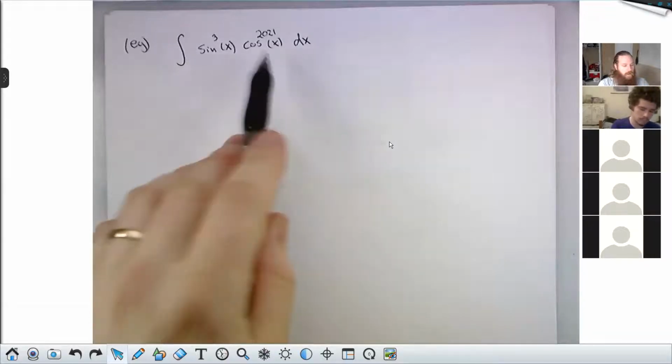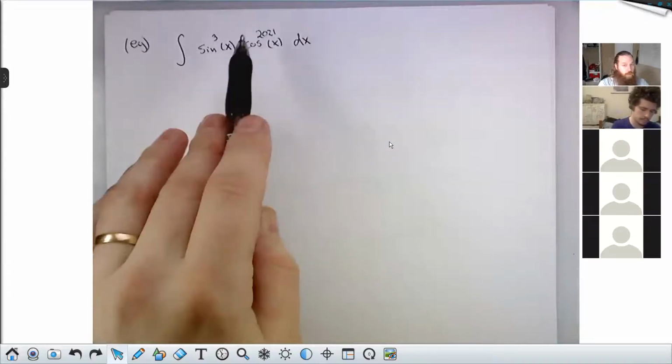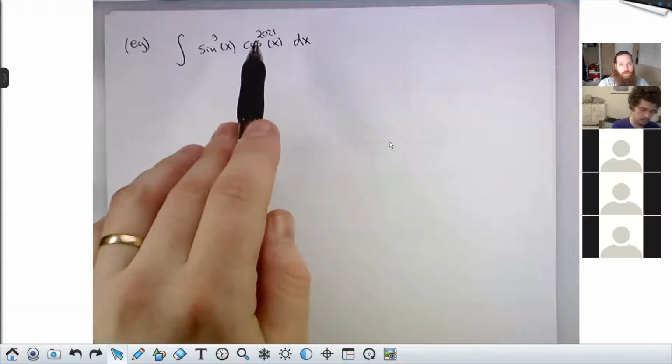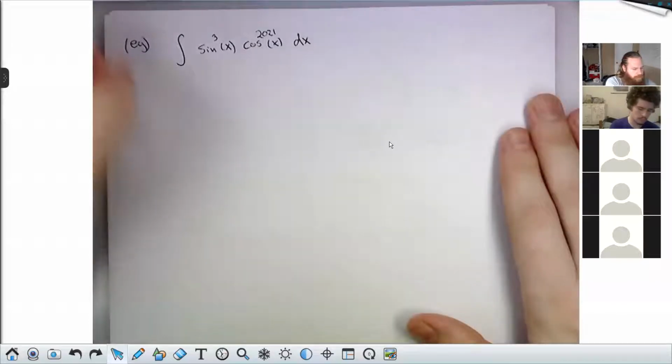I could set aside a copy of cosine with the differential, which would leave me with the 2020th power of cosine, which is an even power, so it can, in theory, be rewritten in terms of sine. And that would lead me towards substituting z equals sine x, just like we did in the last problem. Let me show you what that looks like.